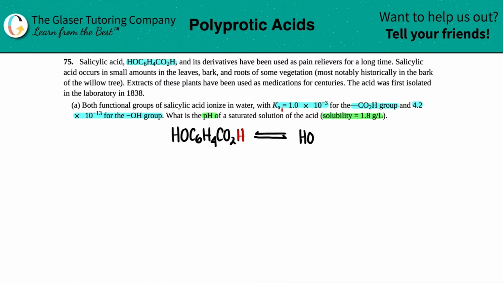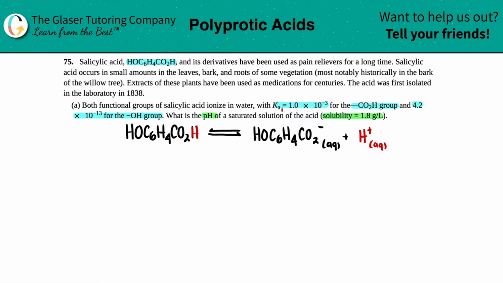We have HOC6H4CO2 minus, and then we have that H plus, and that's aqueous. Now just know that every weak acid or weak base that you have, so salicylic acid, is also going to be aqueous.